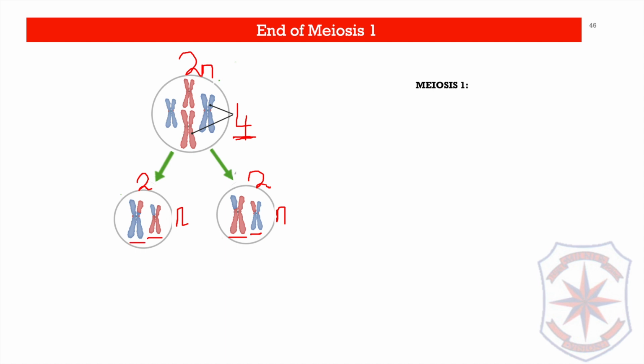Okay, let's articulate that in a sentence. Meiosis 1 starts with prophase 1, metaphase 1, anaphase 1, and telophase 1. There is no interphase again after meiosis 1. No interphase again. We move directly to meiosis 2.